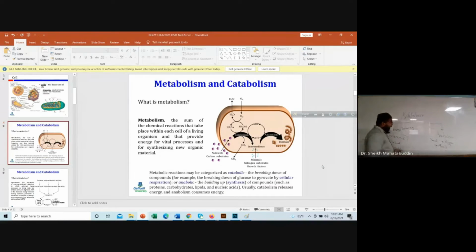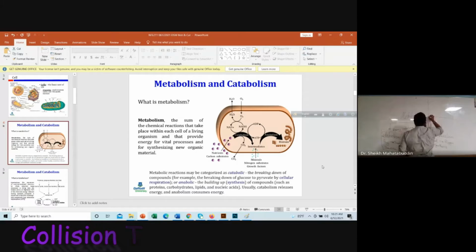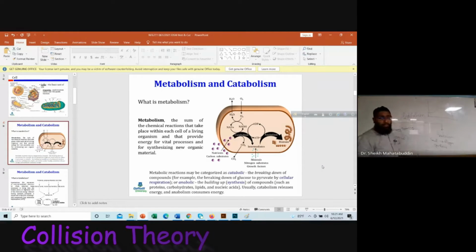And as anabolism is a synthesis process, where small molecules combine together to form chemical bonds, we know that we need to give some energy to the system to overcome the surmounted barrier. You are supposed to study this in chemistry.